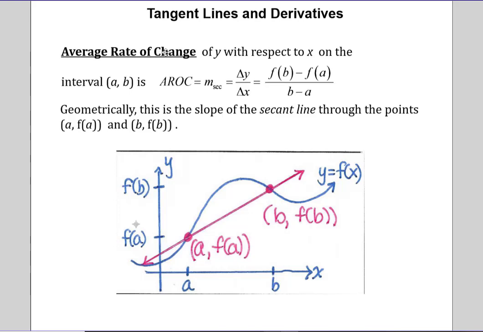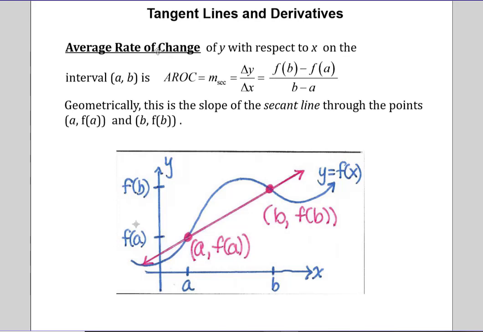So first we'll look at average rate of change. The average rate of change, that you might recall, is just the slope between 2 points, A and B, and that can be represented in many ways. On the interval from A to B, the average rate of change is the slope of the secant line that passes through the 2 points.